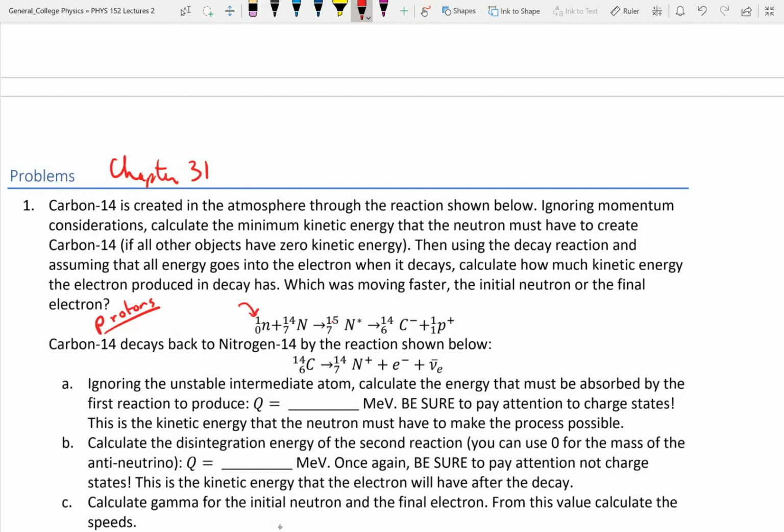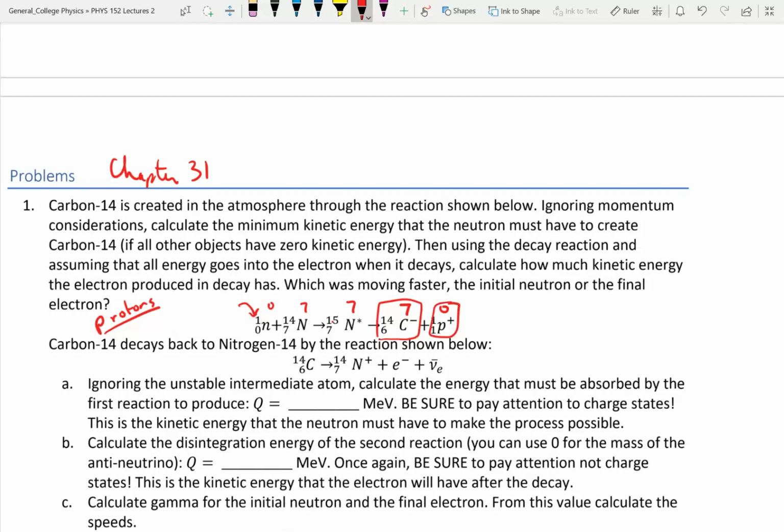Now, let's notice the charge. There were 0, 7, still 7, still 7, which is why that has a minus sign, and 0. So this is going to have a mass of a carbon-14 plus an electron, and this will have the mass of a proton.